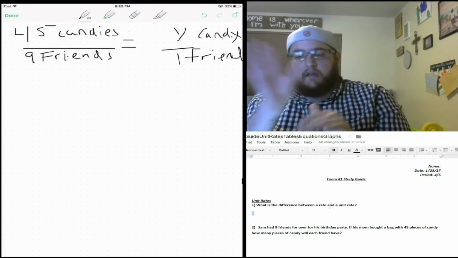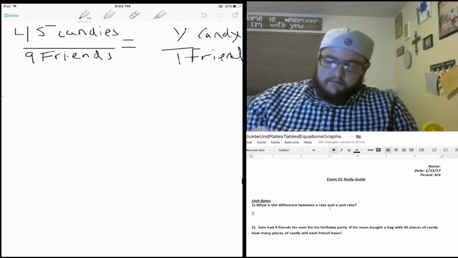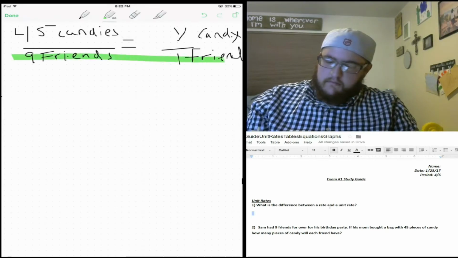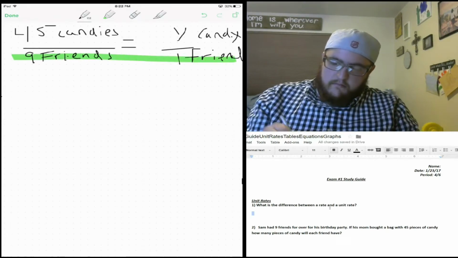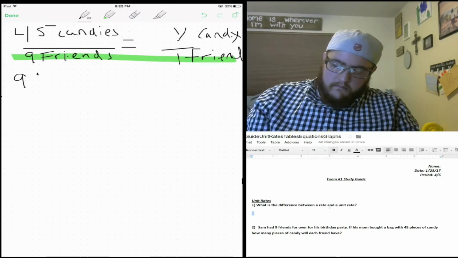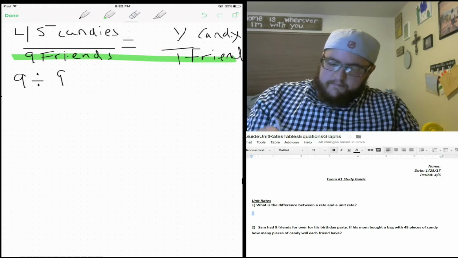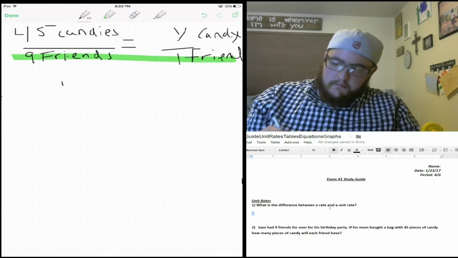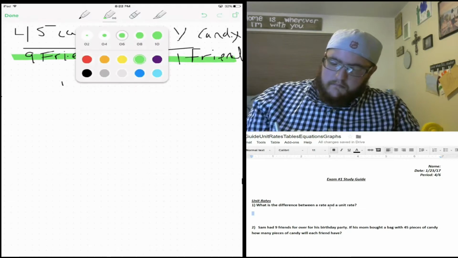So the way we're going to do this is we're going to have to divide both the top and the bottom by the denominator. So we'll divide 9 by 9 and 45 by 9 in order to figure out how many candies per friend. Let me set this up correctly.